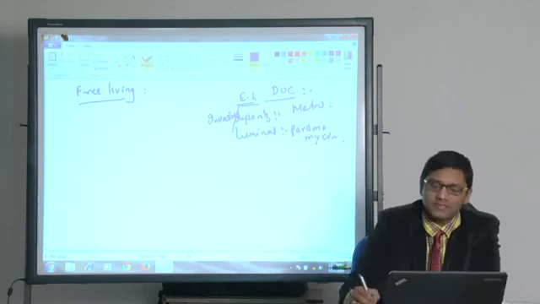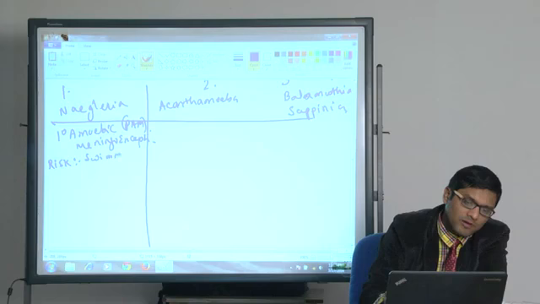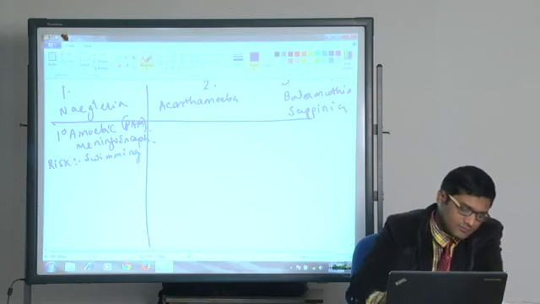Differences between Naegleria and Acanthamoeba. Naegleria causes primary amoebic meningoencephalitis, PAM, and the risk factor for this is swimming. Swimming is a very important risk factor.